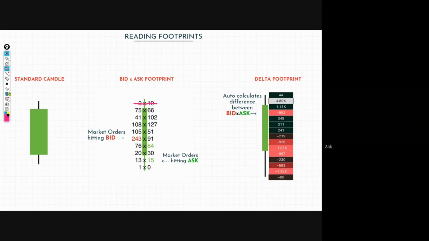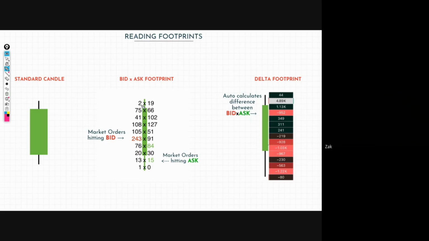So what I'm seeing when I'm looking at a bid and ask footprint right here, for example, is there's two contracts being traded on the bid via market orders, 19 orders being traded on the offer or the ask on market orders. What this is designed to tell you is the imbalance.